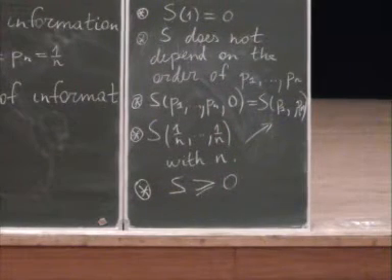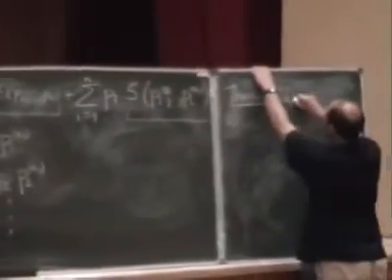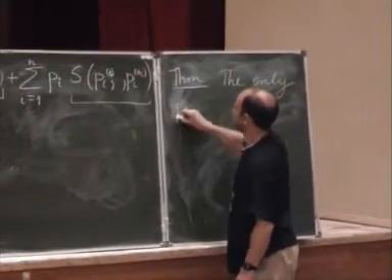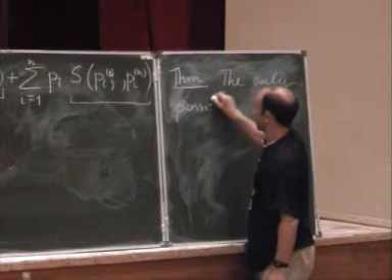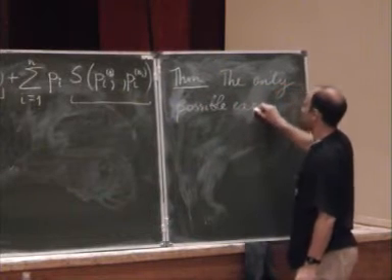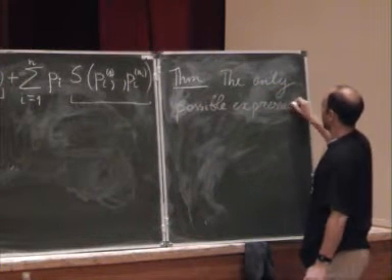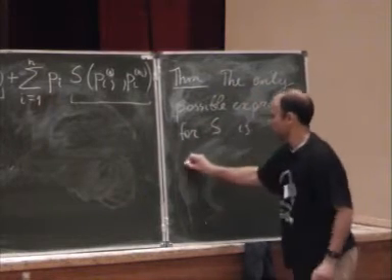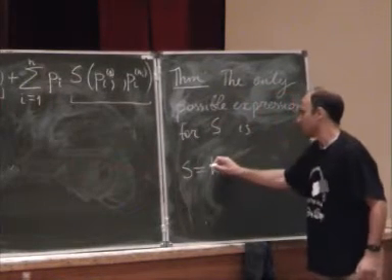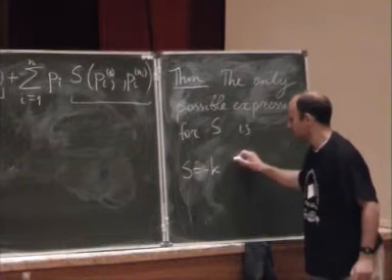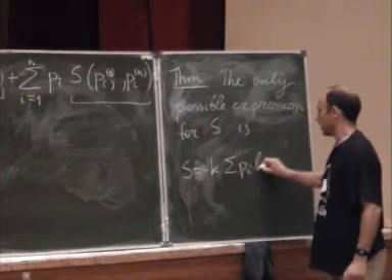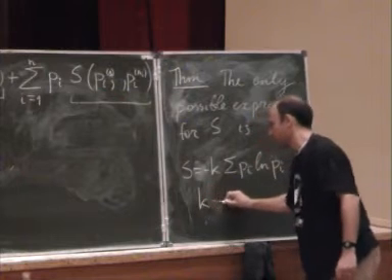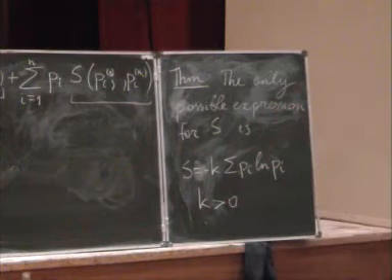So this theorem is that the only possible expression for S is minus k times the sum of pi log pi, with k a positive constant.